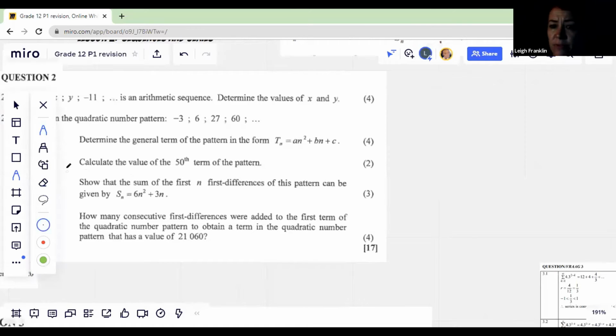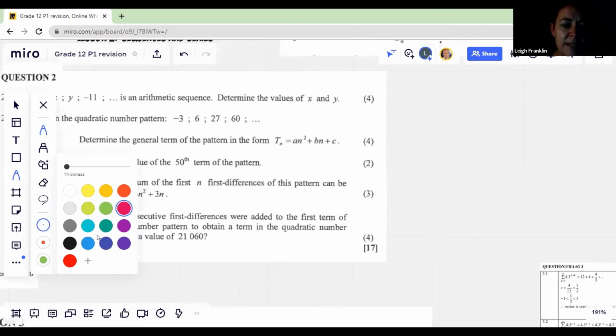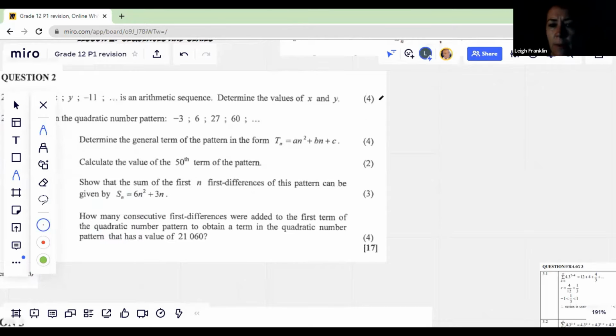If Live doesn't know, not a problem. Is there anybody else who's got an idea as to how I could write negative 11? It's the 4th term in the pattern. So with A's and D's, how would I write that? Plus 3. There we go. Good, well done. Term 4, quite right.